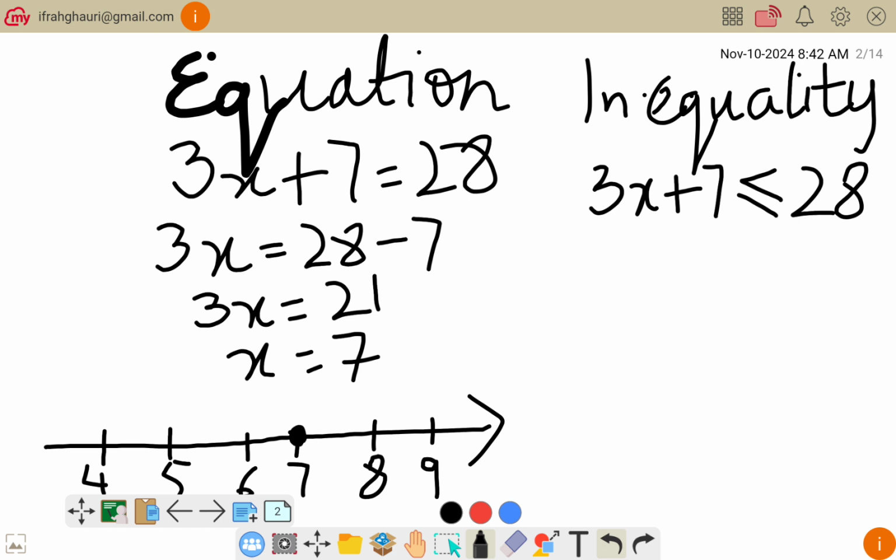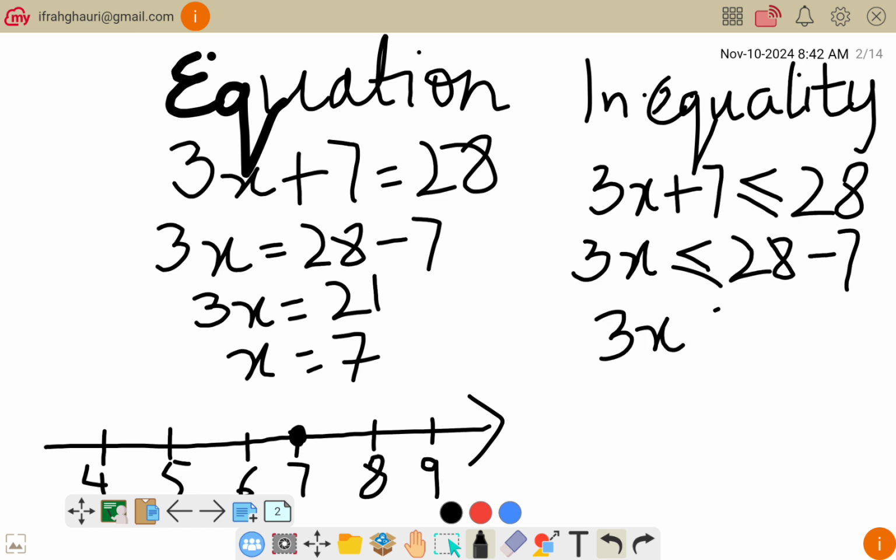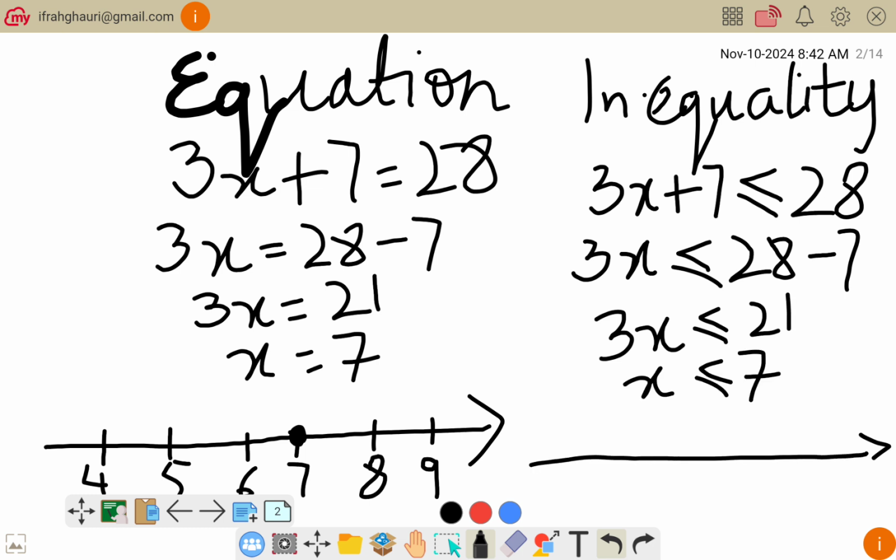And in the case of the inequality, how do we solve the inequality? We solve the inequality just like the equation. So 3x is less than or equal to 21. X is less than or equal to 7. So let's draw the number line: 4, 5, 6, 7, 8.